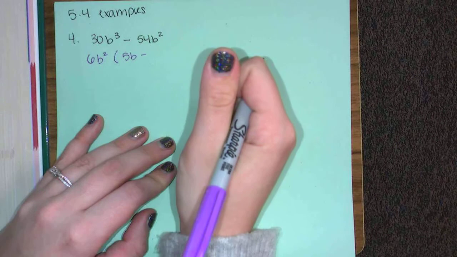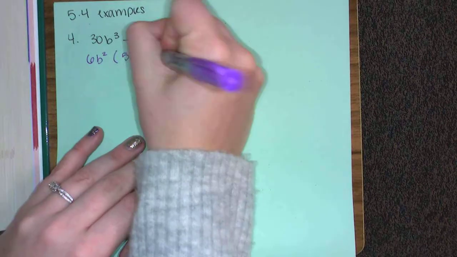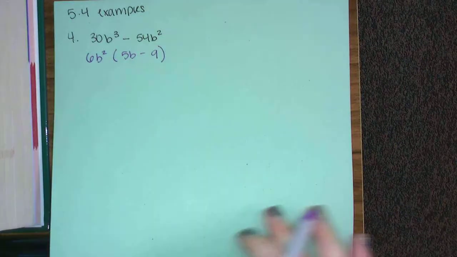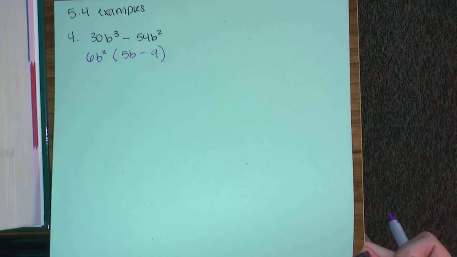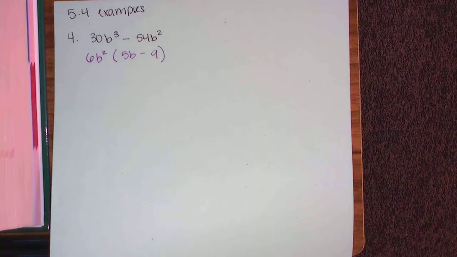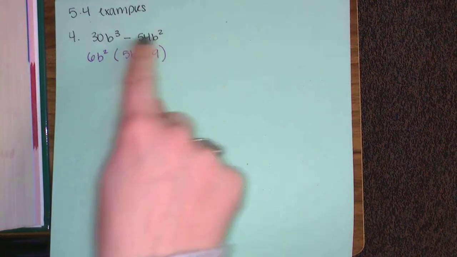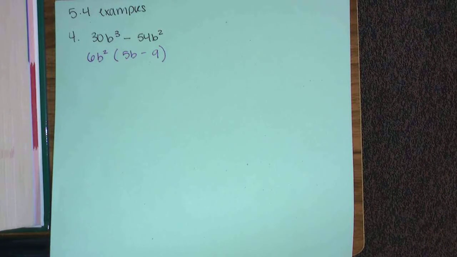I just got distracted. 9. Okay. So 6b squared times 5b minus 9. Okay, now that is factored completely. So the 6b squared is taken out of 54b squared.